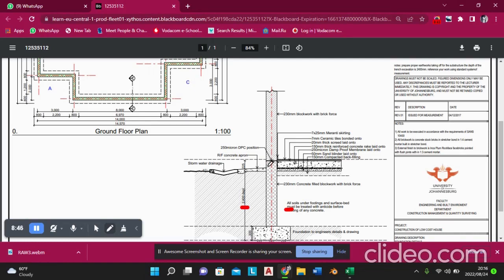Our length is going to be, let's say here the natural ground level is here. This is our natural ground level, and then the dimension from here to here is to calculate the dimension from the surface of the concrete footing up until the natural ground level.